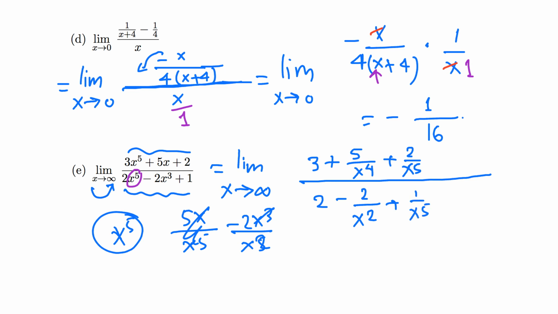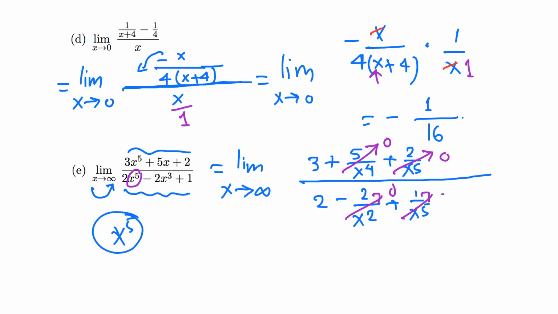Okay, now we take the limit. When x goes to infinity, 5 over this will be 0, this will be 0, because the bottom is going to be very big. Same thing here. Then what is left? 3 halves, and there are no more x's left, so 3 halves is the final answer.